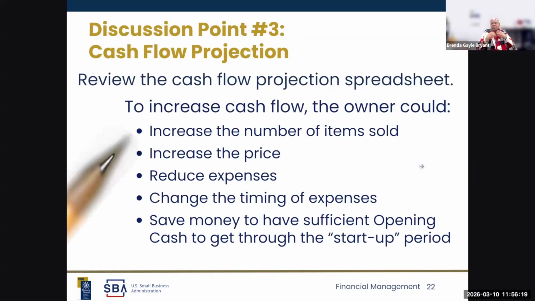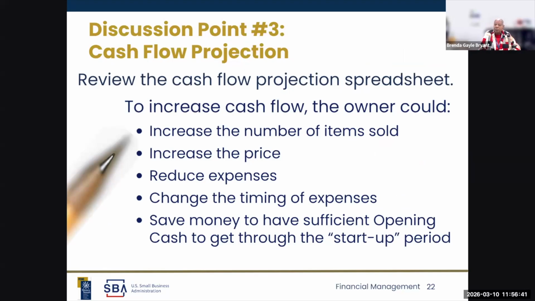So when you're looking at cash flow, you want to be looking at how much you're selling. If things aren't going the way that you want them to, and you're thinking, wow, I should be making more money, do you need to sell more items?